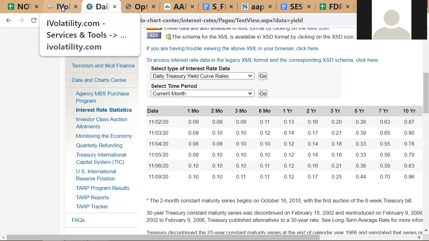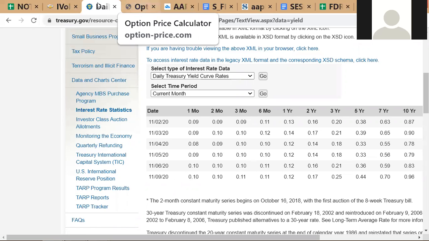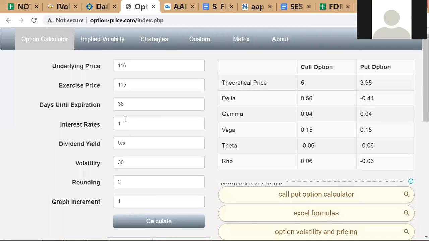There are many ways to do interpolation; you can do cubic spline interpolation, which you can learn maybe in some of your quantitative classes. But you can also do simple straight line interpolation. If you want 38 days, you take the 1 month and 2 month rates in between, both of which are the same anyway. So that is then the same as 0.1. So the treasury interest rate you will have to enter here is 0.1. So not 1%, actually it's 1%.